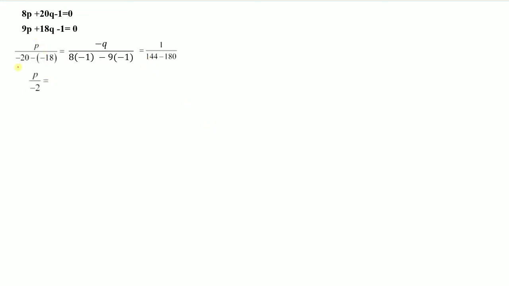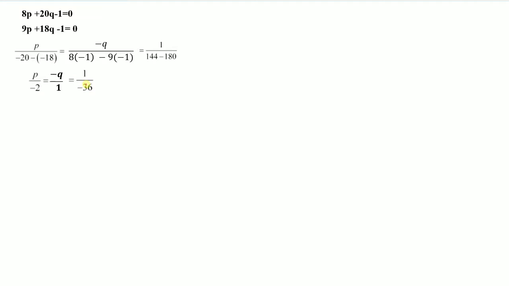Now p upon minus 20 plus 18, which is minus 2, equals minus q upon minus 8 plus 9, which is plus 1, equals 1 upon 144 minus 180, which is minus 36. Again, we will take first these two and then these two.